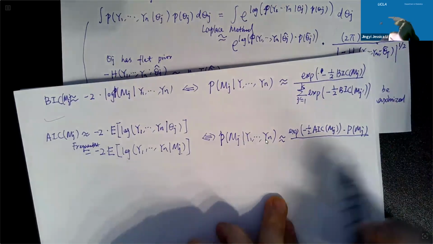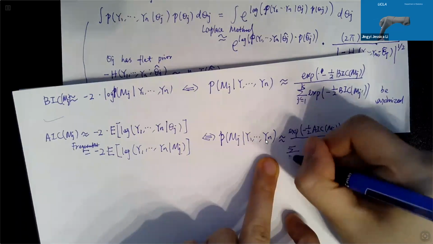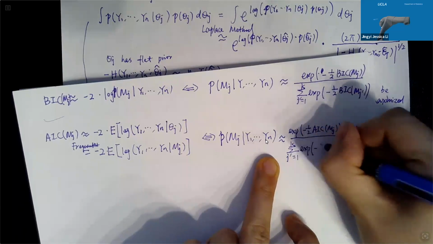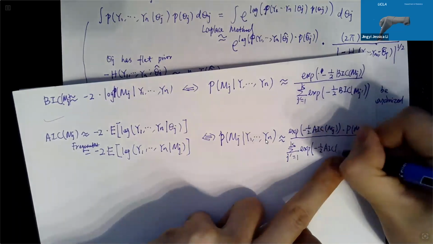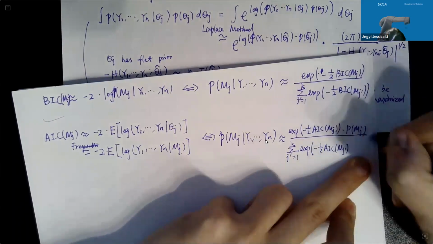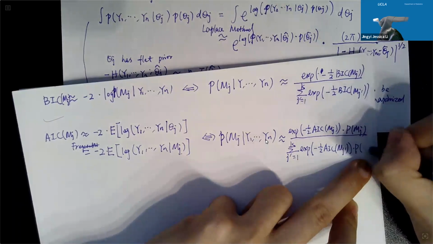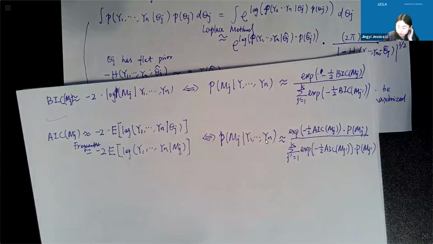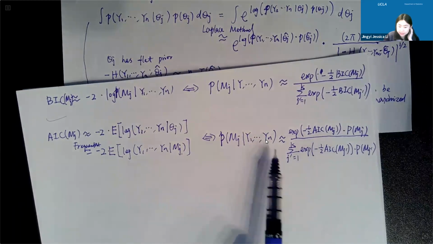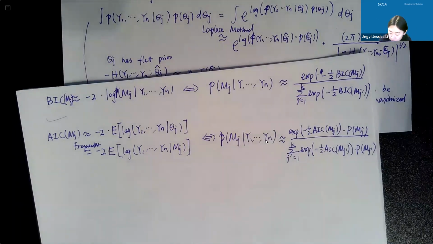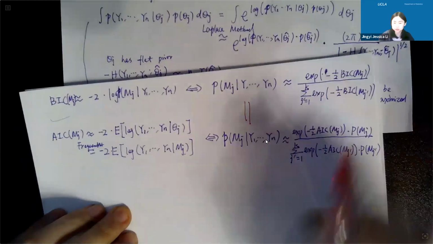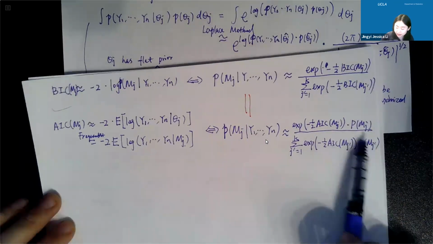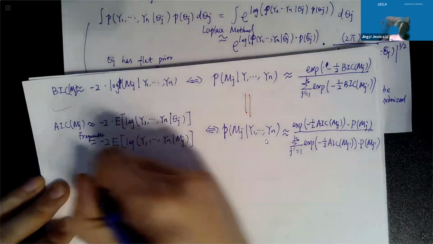The prior is not in the AIC, so we must account for that. Okay, so that's the AIC. But if we just try to follow this and make those two equal to each other, because they're both the posterior, then I can solve for the prior assumed by AIC. And that's a very interesting thing.